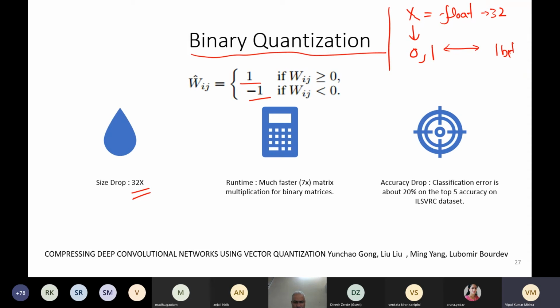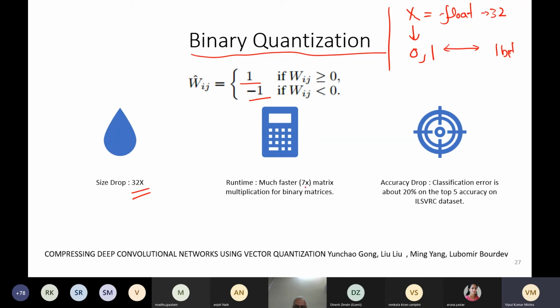So I hope you got the idea why it is reduced by 32x. Initially, all the weights are stored in 32-bit float values to make sure that they have good precision, or you can say good accuracy. Now with binary quantization, we reduce all the values to 1 and -1, only two values, that's it. So then your size is reduced by 32x.